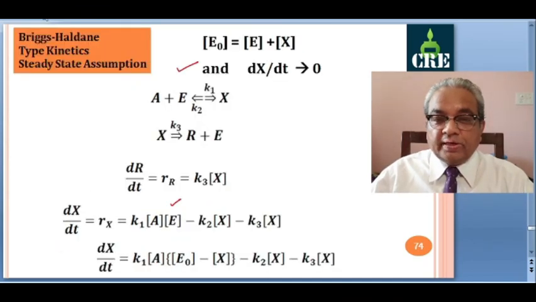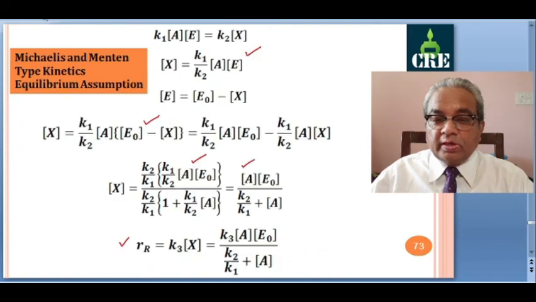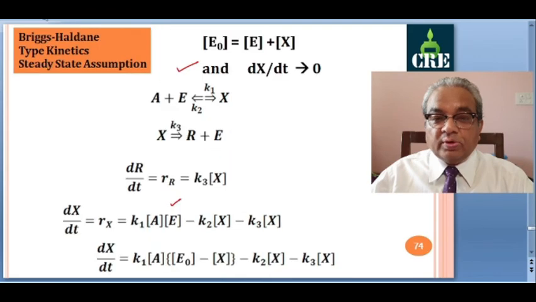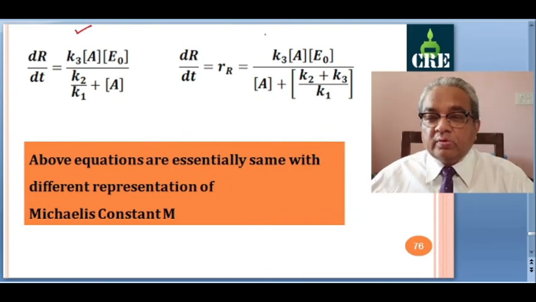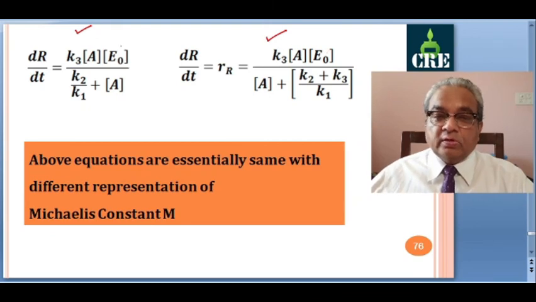So with the first kinetics, K3AE0 by K2 by K1 plus A, this we get with Michaelis-Menten type. This we get with Briggs-Haldane kinetics. Here we use equilibrium, here we use the steady state approximation.